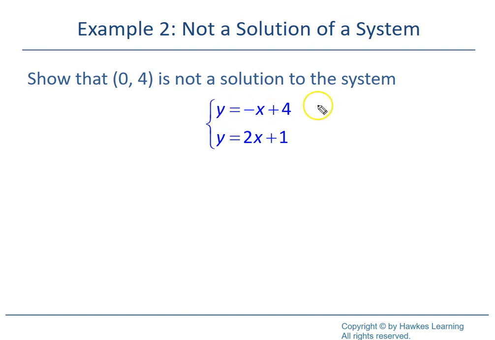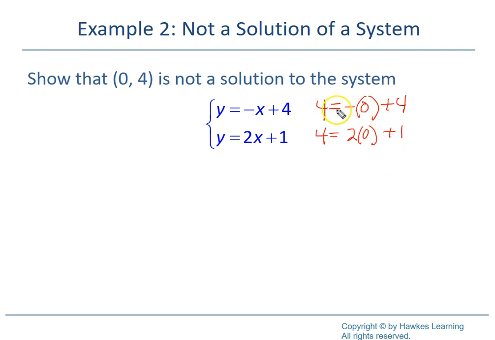Our y is 4, and our x is 0. So negative 0 plus 4, let's just do the substitution first. And this is 4, and this is 2 times 0 plus 1.